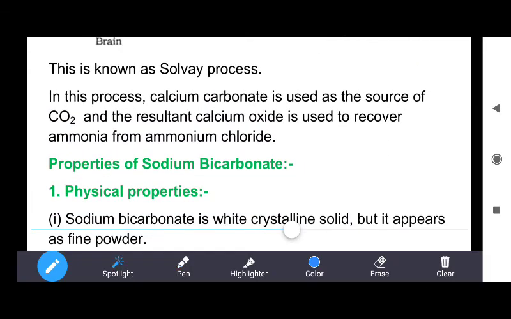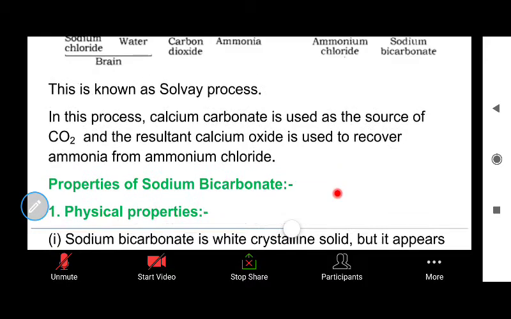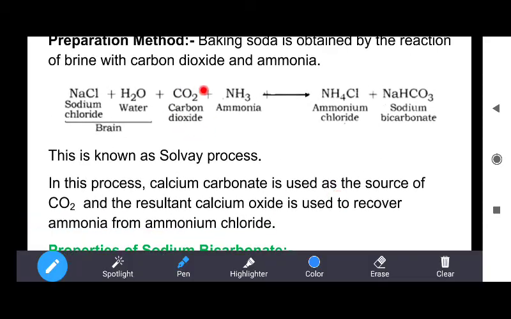In this process, calcium carbonate is used as the source of CO2 and the resultant calcium oxide is used to recover the ammonia from ammonium chloride. These are important things which are not given in this reaction, but you have to know about them. The carbon dioxide gas used for this reaction is obtained from calcium carbonate.